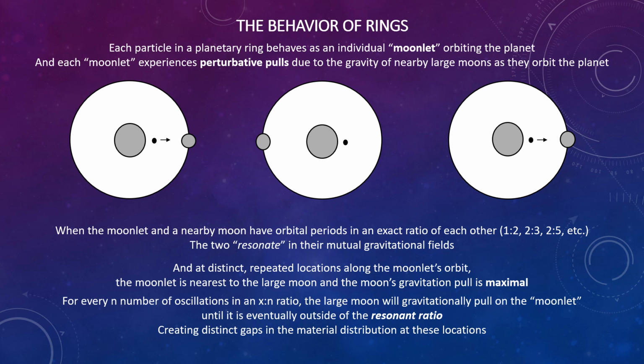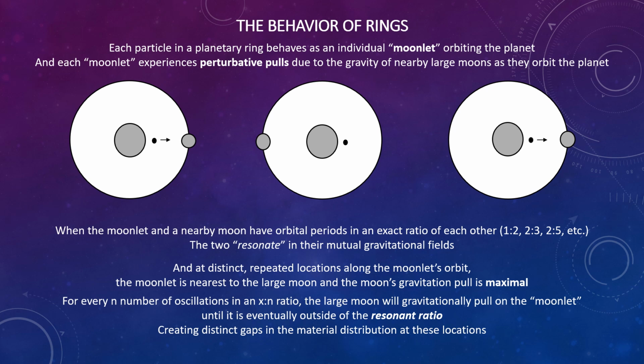As these individual particles of the ring orbit around the planet that has individual moons, they are going to experience gravitational pulls that perturb their orbit due to the presence of these large moons as they go through their orbit. So sometimes a particle is going to be pulled into different parts of its orbit as the moon aligns with the planet or as the moon is in a different position in its orbit.